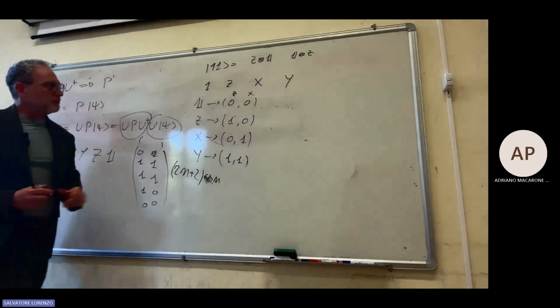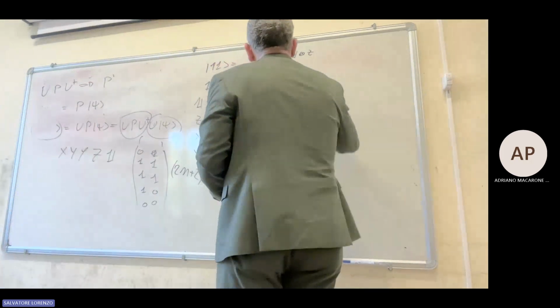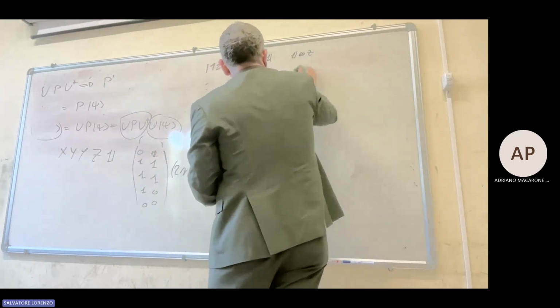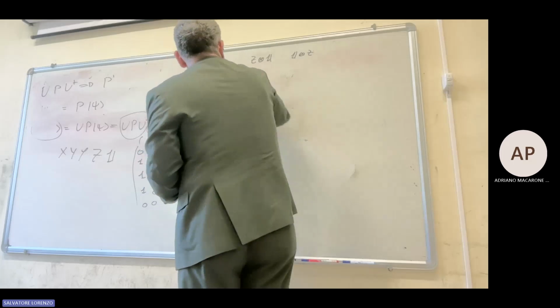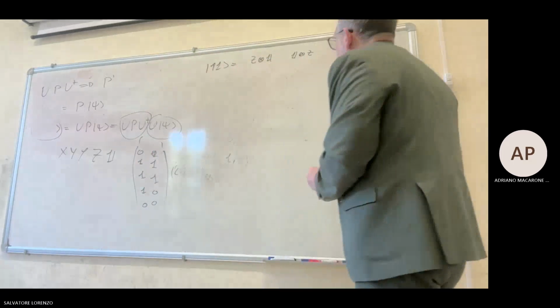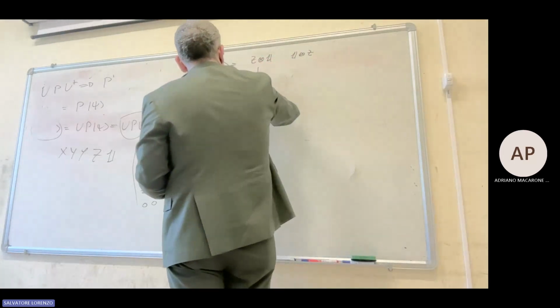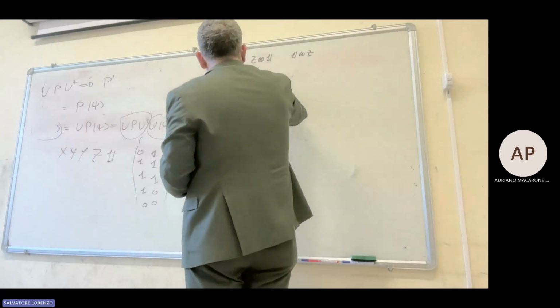So let me make an example here. For example, from this one here, on the first pin we have Z, so we have 1, 0.